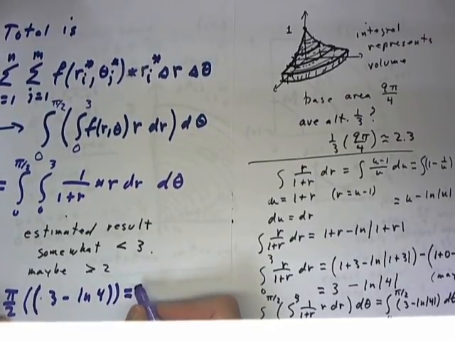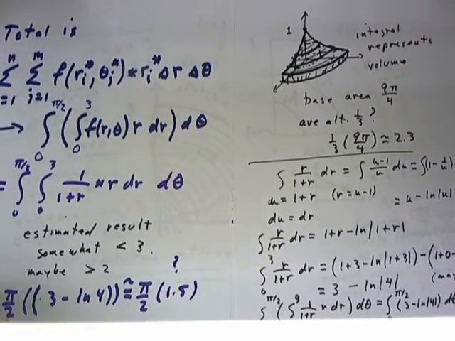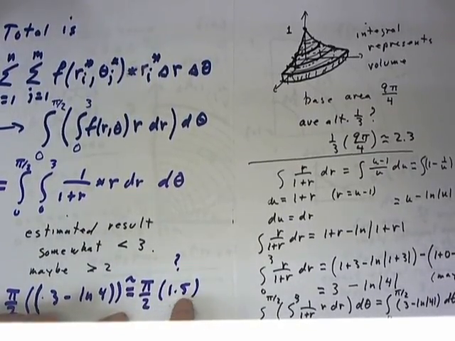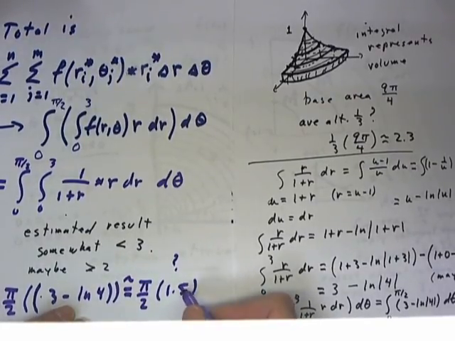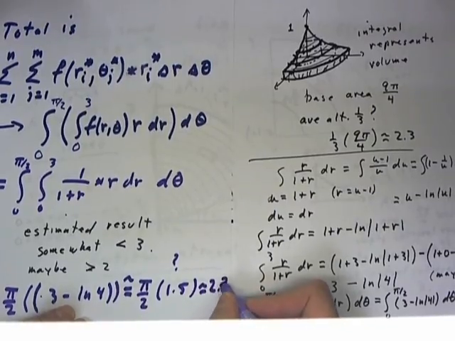Okay, so that's pi over 2 times 1.5, question mark. Pi over 2 times 1.5 is going to be about 3 times 1.5, 4.5 divided by 2. I'm estimating about 2.3.